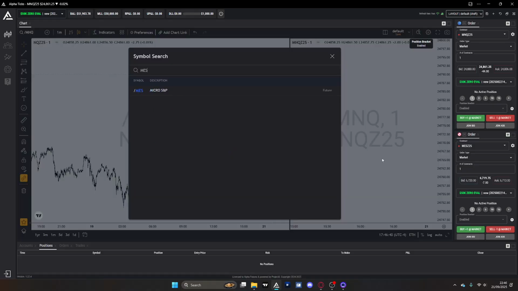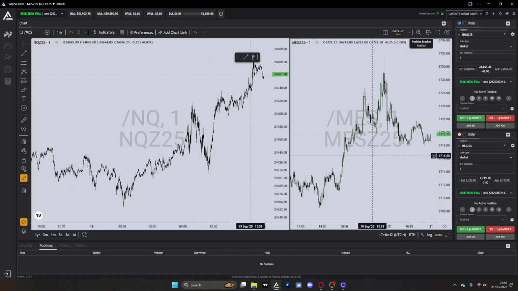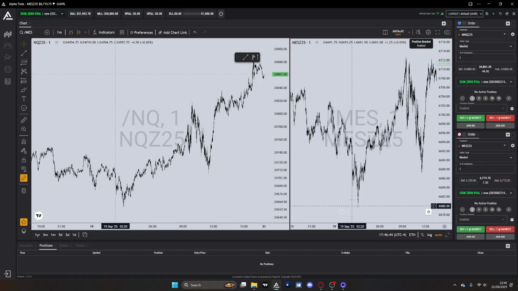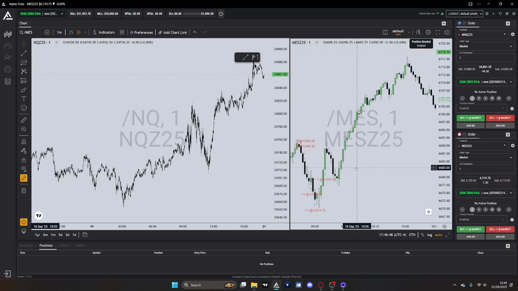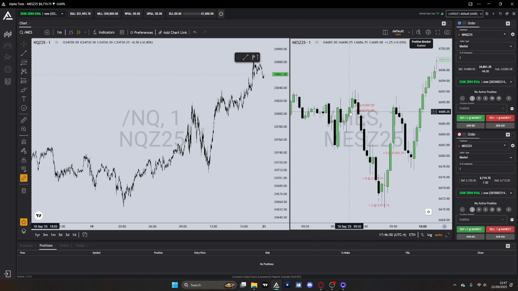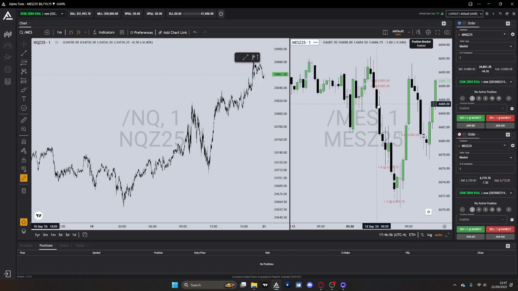It was on the S&P instead of the Nasdaq. So right here, change in state, inversion, entry, 16 micros, and we go lower.